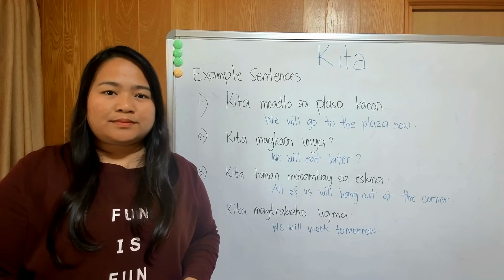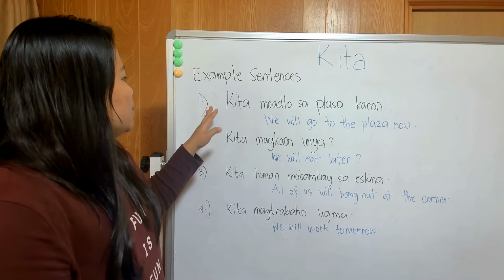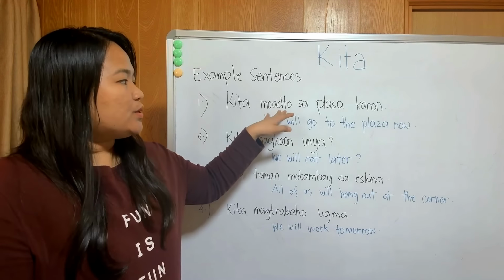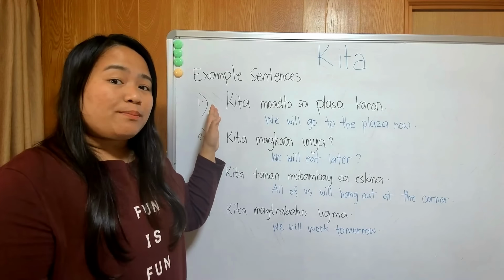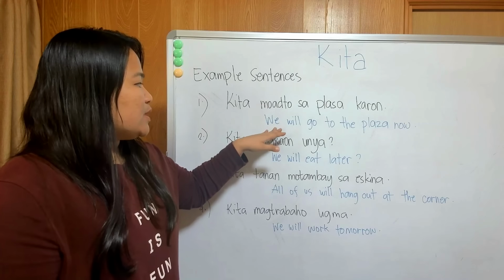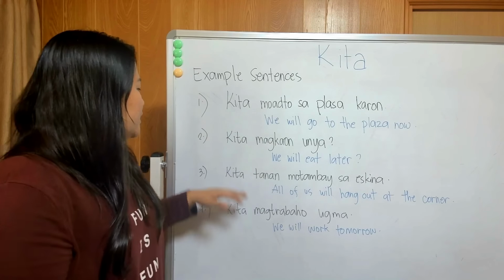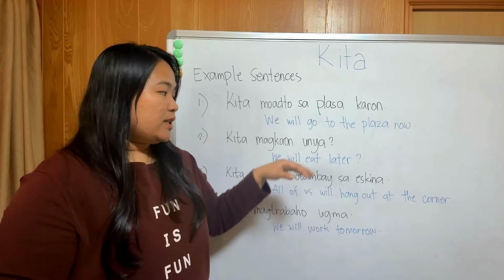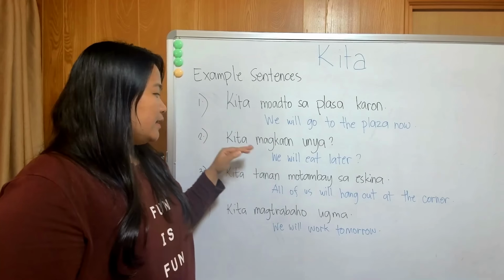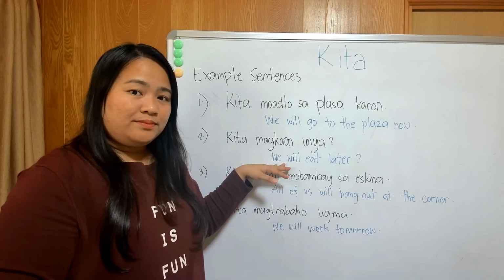Now let's have example sentences. Number 1, kita moadto sa plaza karon. It means we will go to the plaza now. Number 2, kita magkaon unya. It means we will eat later.